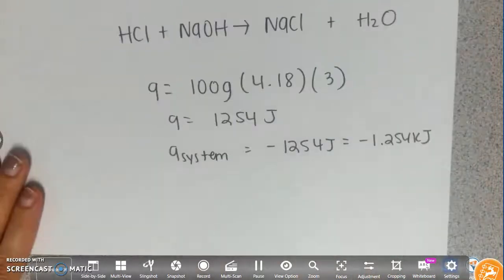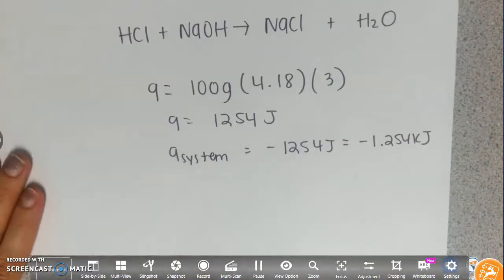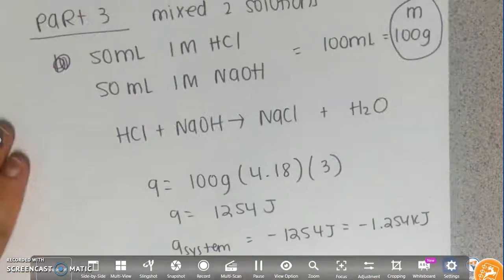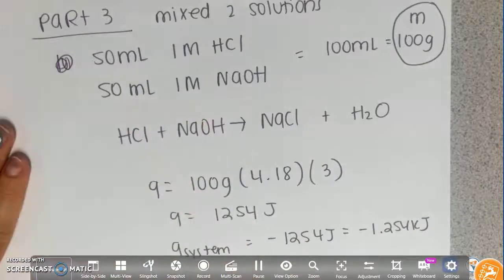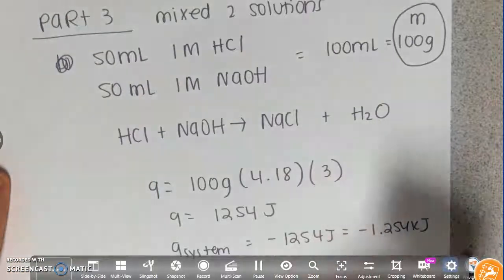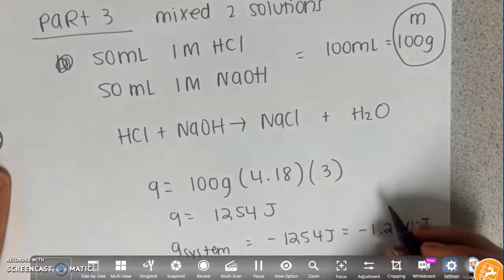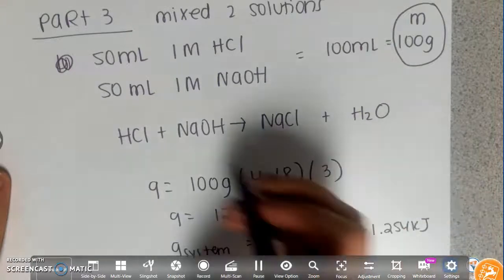And then we do need to think about moles. This lab was set up nice, so it's all 1-to-1, and you had the same amount of each one. And so we had the same amount of moles of each one, so there wasn't a limiting. On the FRQ, there might be a limiting.